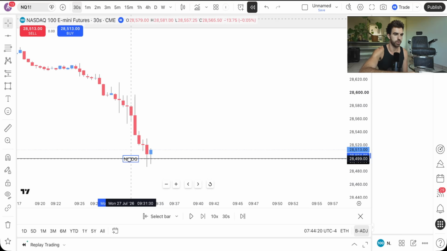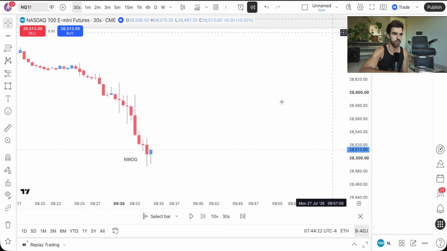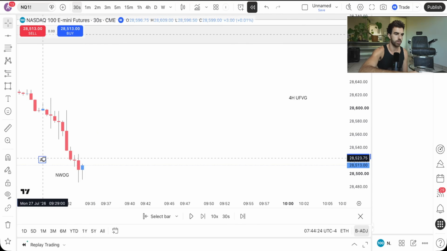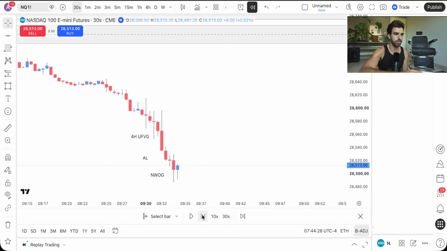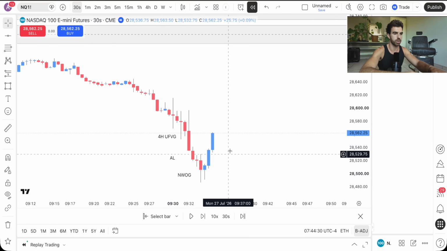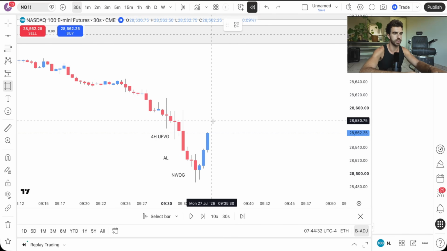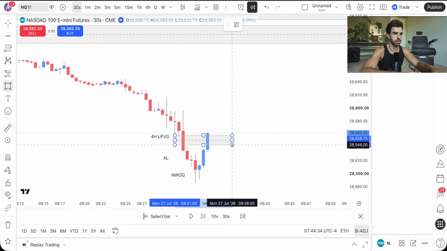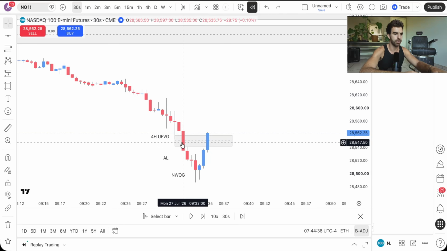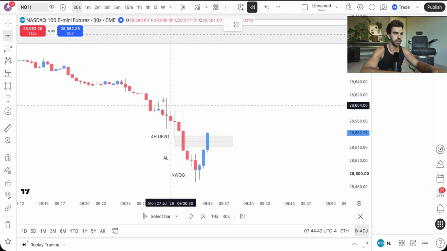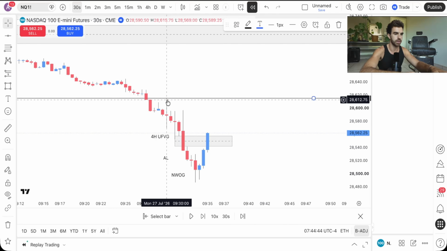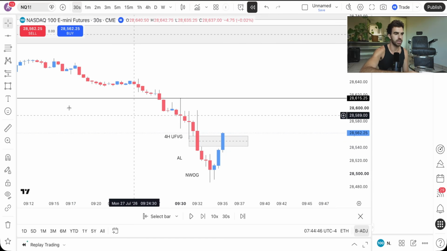I like to put my draws here so that I know which ones are taken. Then immediately price reversed and we inversed this gap to go to the 9:30 high, which was right here. This was actually a mistake setup.